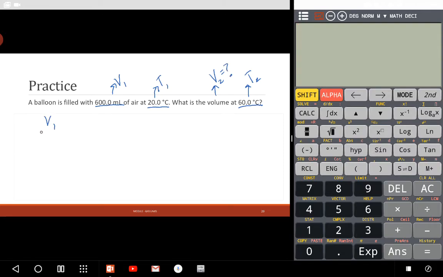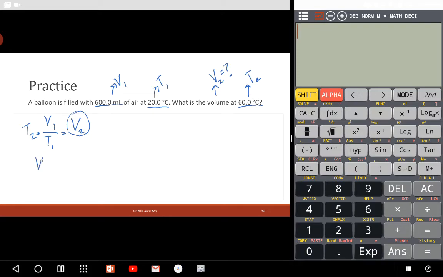So given my equation, I am solving for V2. So that's the variable I'm trying to isolate. I'm going to multiply both sides by T2 in order to eliminate T2 on this side of the equation.